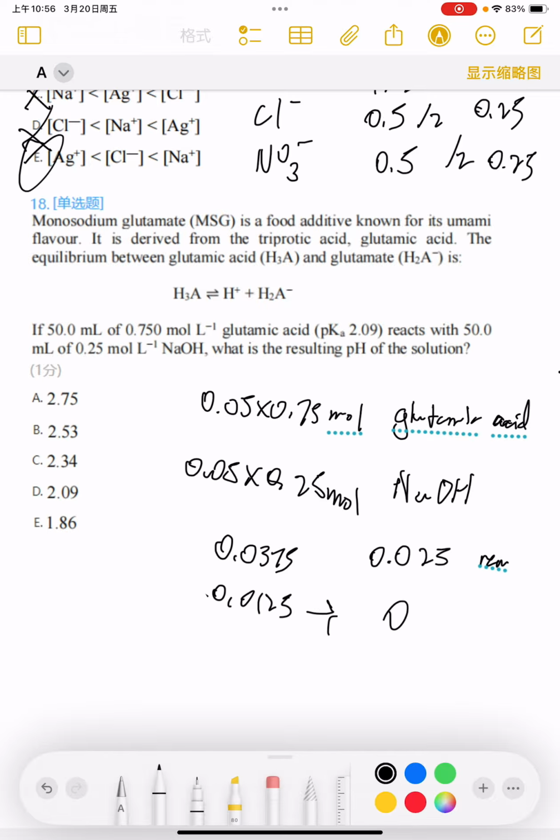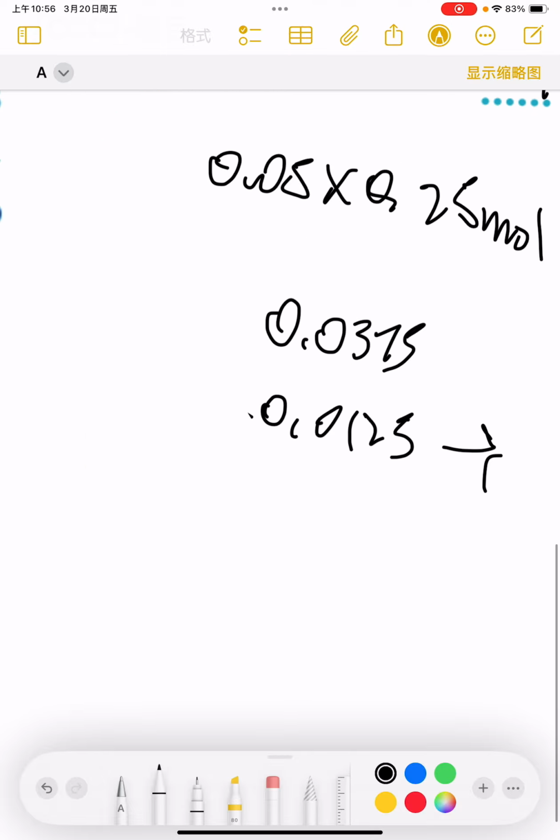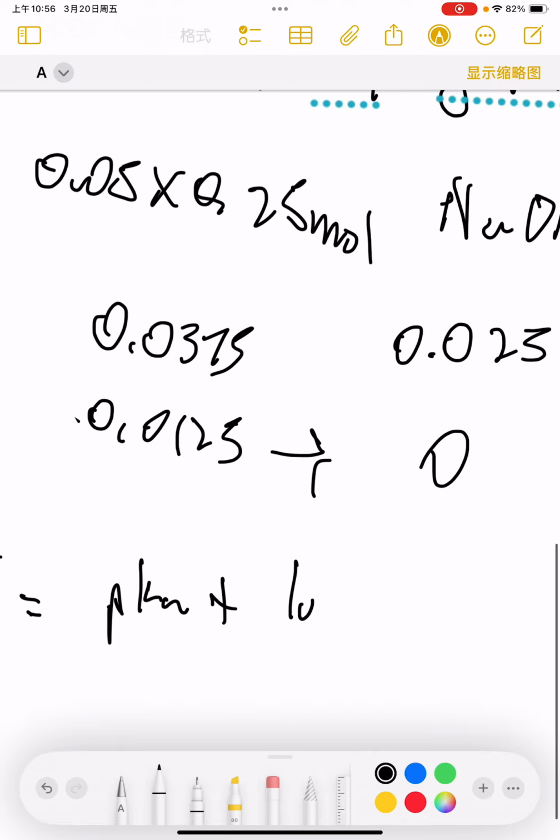As we know, we can estimate pH as the pKa value plus the log of base over acid.